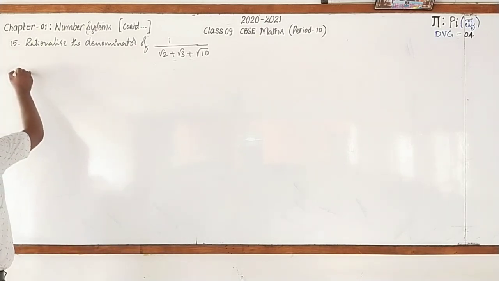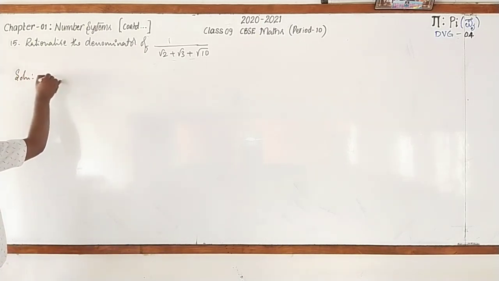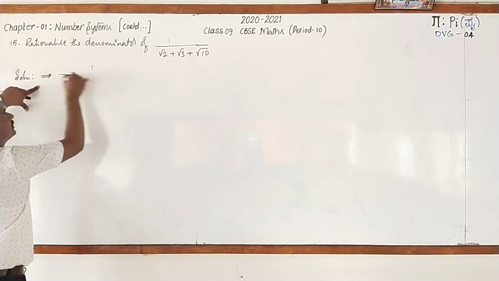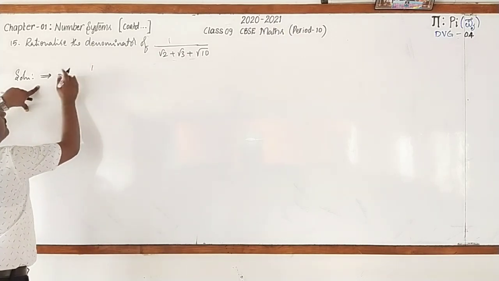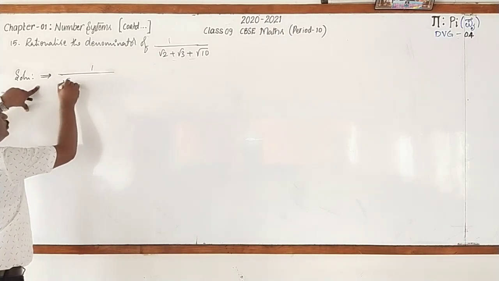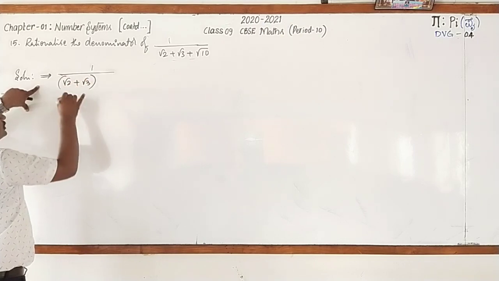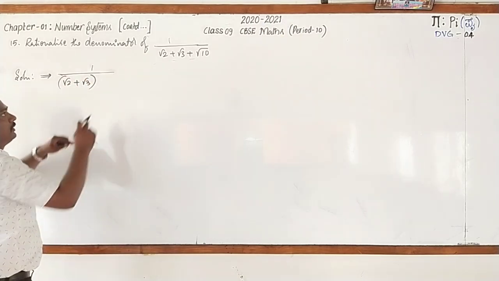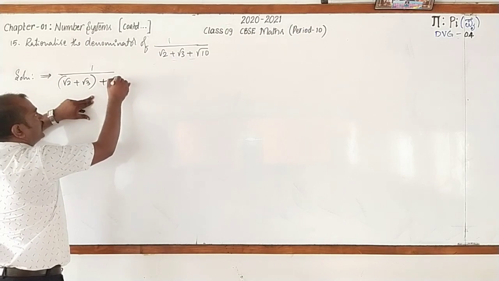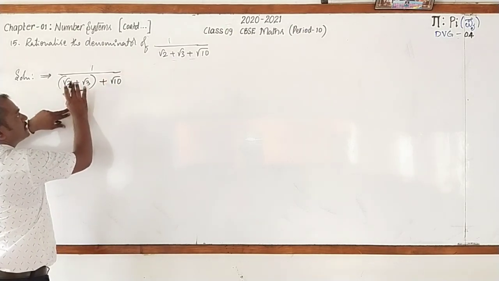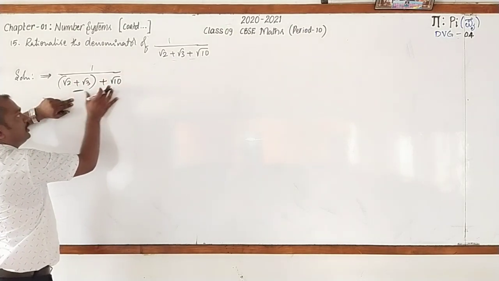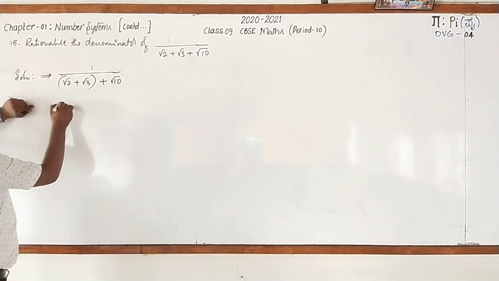So I write like this. The given number is 1 by root 2 plus root 3, root 2 plus root 3, I make it as one number, plus root 10. Now see that this is considered as one term. This is second term. Got it? Now we can take the conjugate.